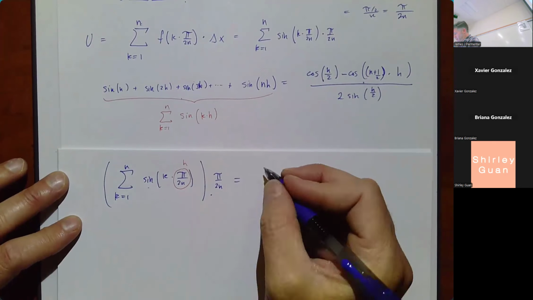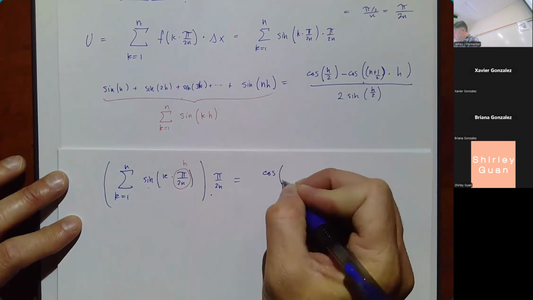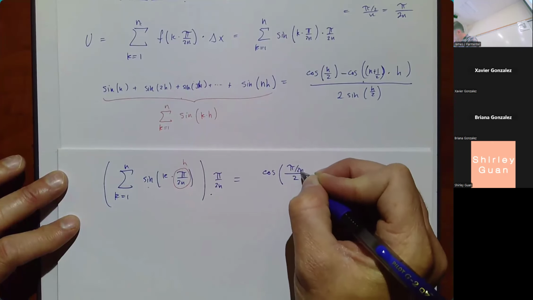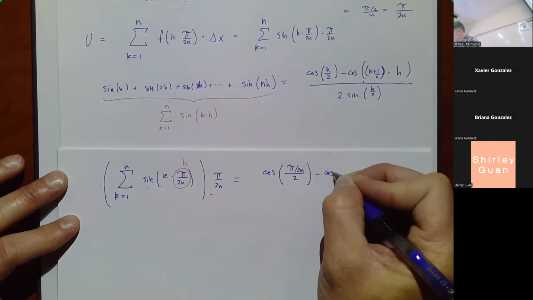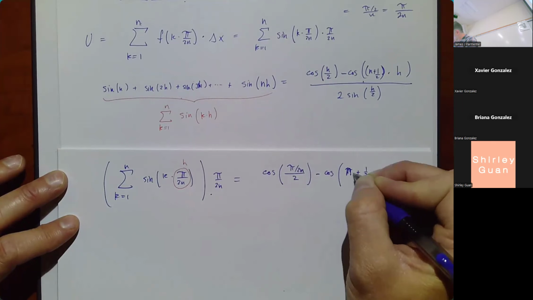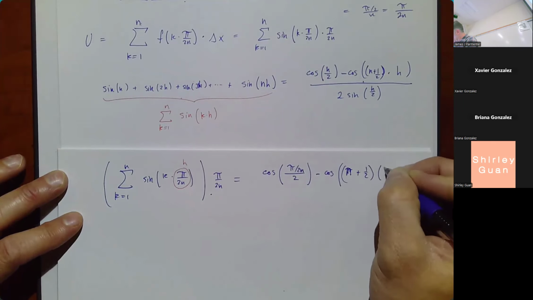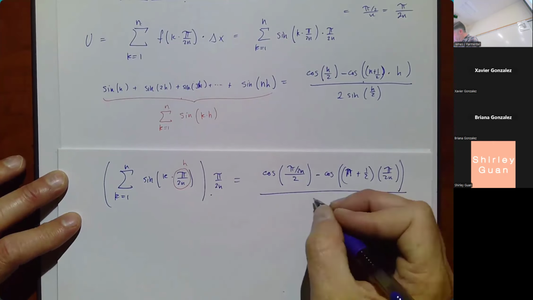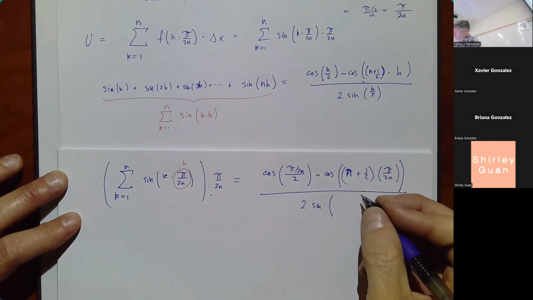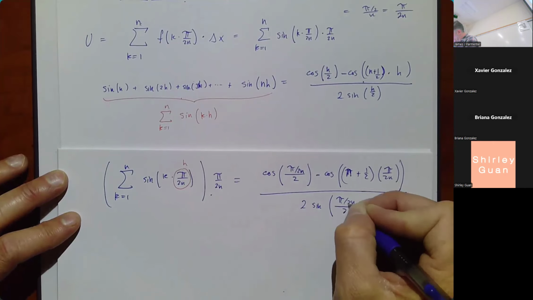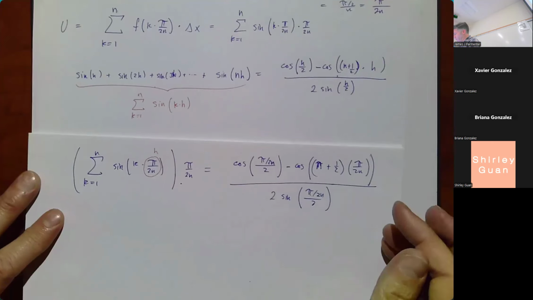So it's going to be cosine of h over 2 minus cosine of (n plus 1/2) times my h, which is again pi over 2n, all divided by 2 times sine of pi over 2n over 2, all times pi over 2n.